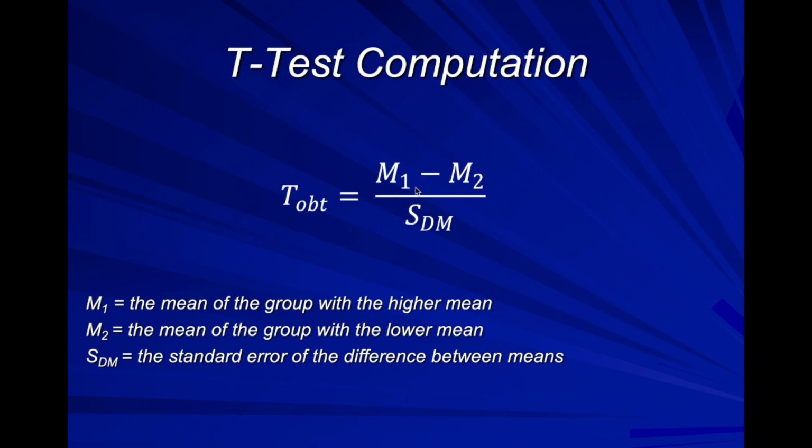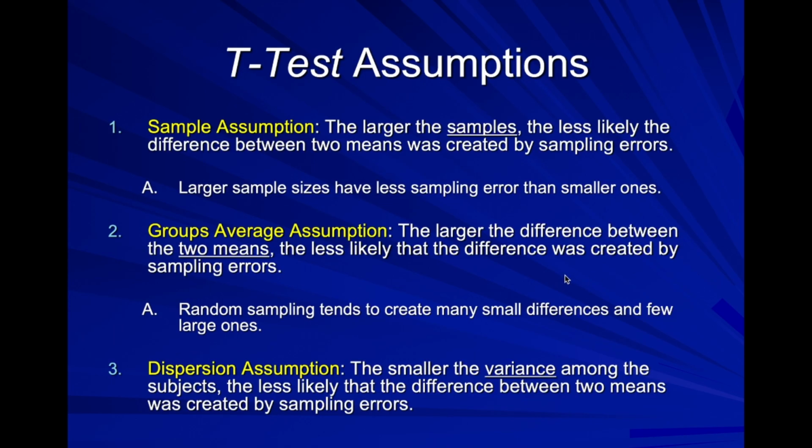Or if this is a moderate size and this is really large, that'll also make that larger. And so let me introduce you to a couple of the t-test assumptions. These I have named. If you Google them, you're probably not going to find these, but I just listed them in such a way that you might be able to easily note the differences.